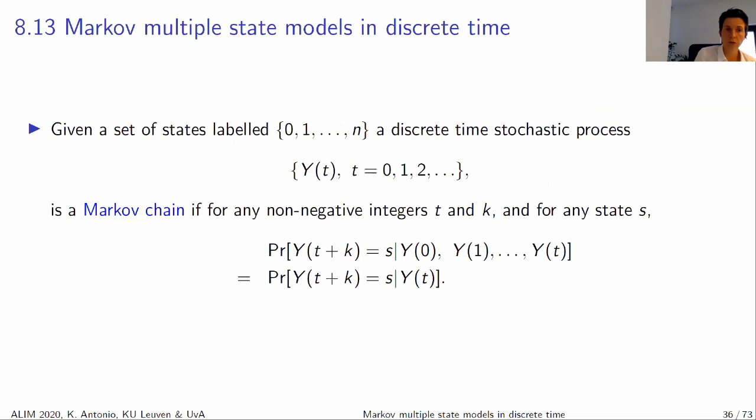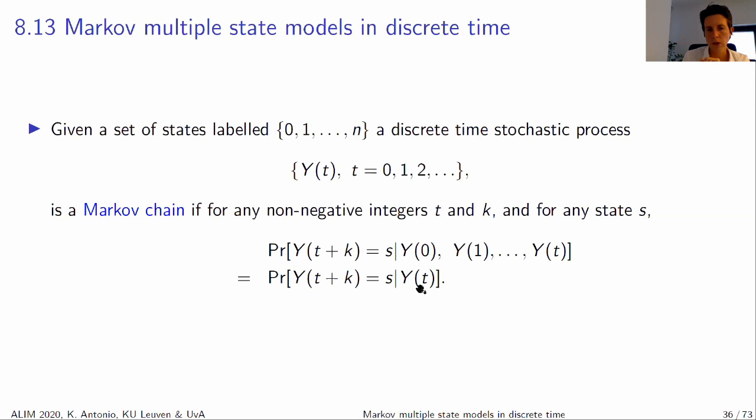So given that you have a set of states labeled from 0 to n, if you look at a discrete time stochastic process, written here as Yt, where Yt refers to the state that you occupy at certain discrete time points, then we're going to say this is a Markov chain if the probability that I will be in a state S at a future time point t plus k, that probability is only depending on the state that I'm currently in.